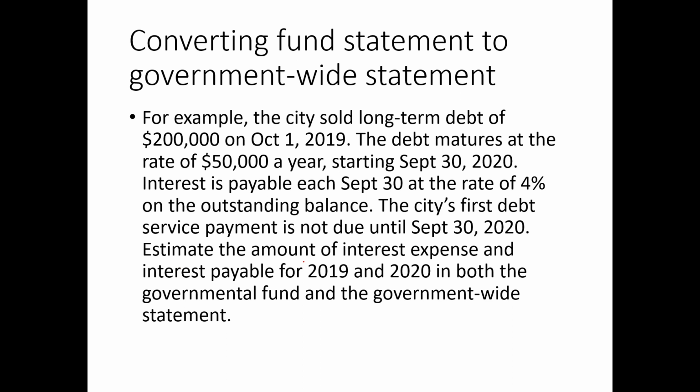So estimate the amount of interest expense and interest payable for 2019 and 2020 in both the governmental fund and the government-wide statement. Alright, so let's see the governmental fund.